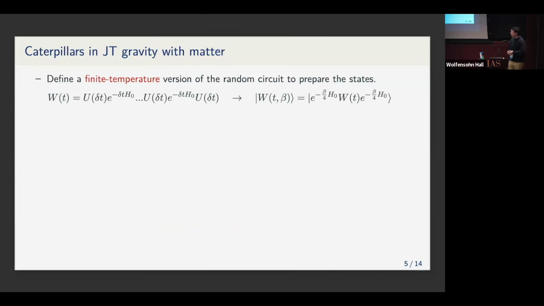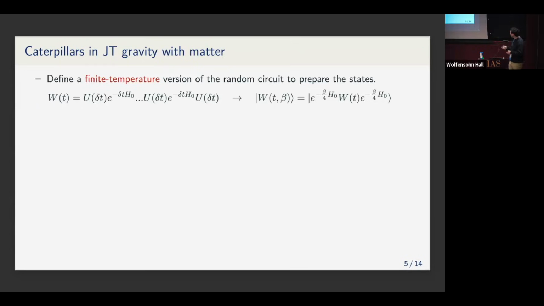Okay, so in order to apply these considerations to black holes, we need to define a finite temperature version of this random quantum circuit. In order to do that, what we did in our paper was to apply layers of time evolution with the random circuit, and then cool the system down with some Euclidean evolution and some bare Hamiltonian over here. The bare Hamiltonian, you can think of it as the SYK Hamiltonian, which takes the state of the system, if we input it over here, and cools it down.